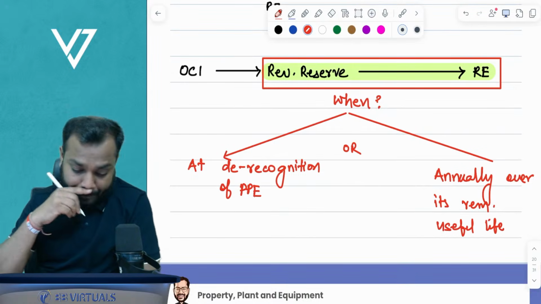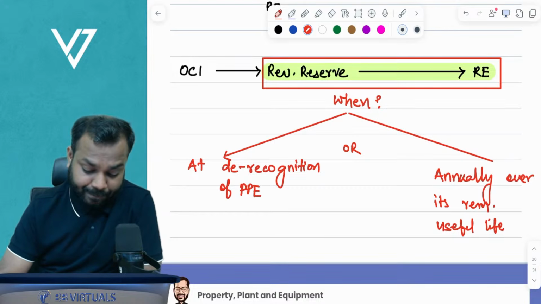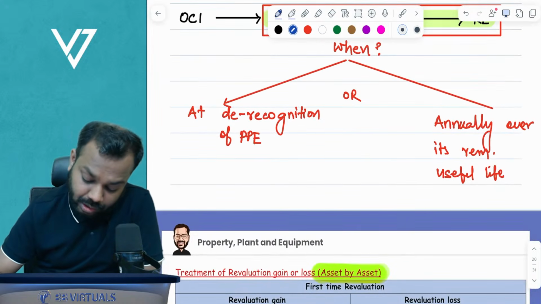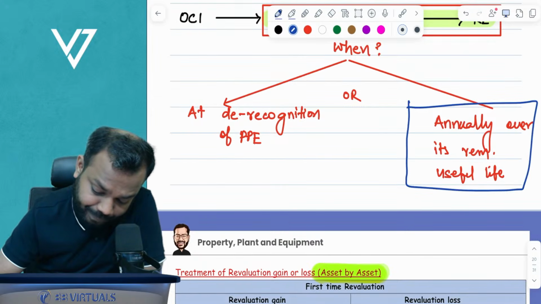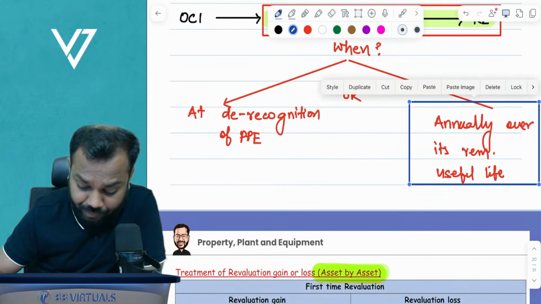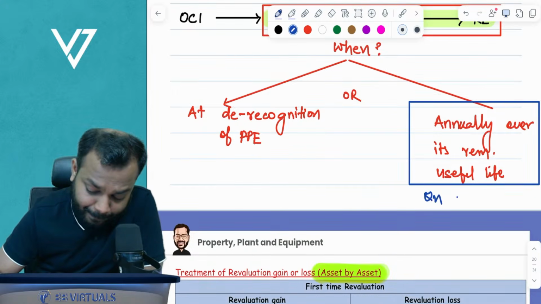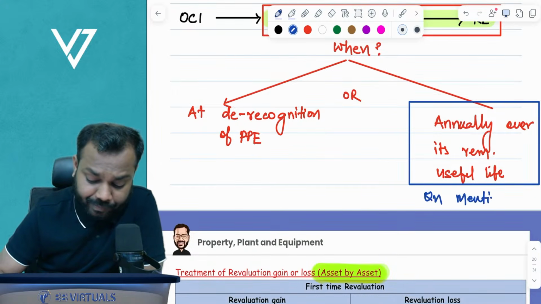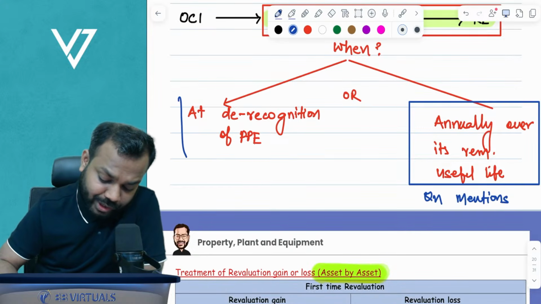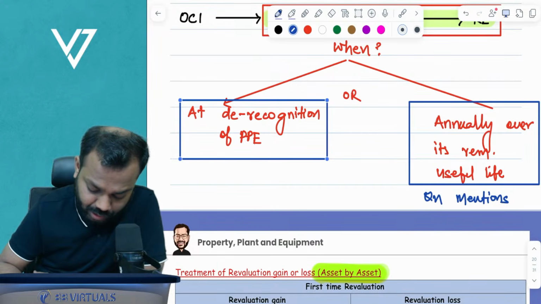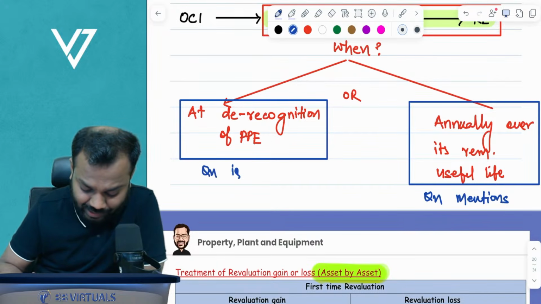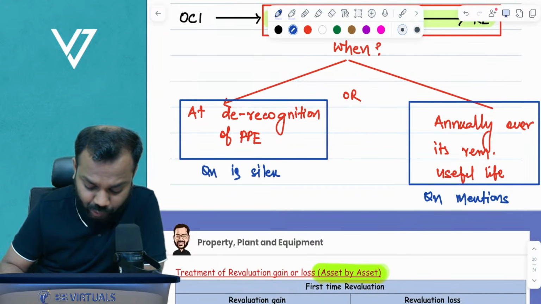Now please understand, this option has to be selected only if the question mentions to use it. If the question is silent, use this approach.